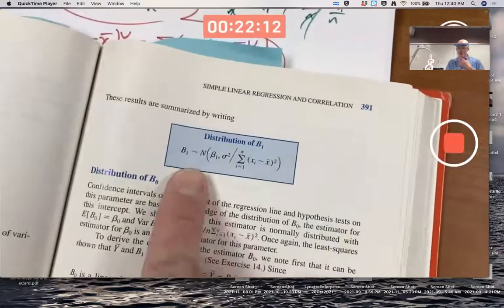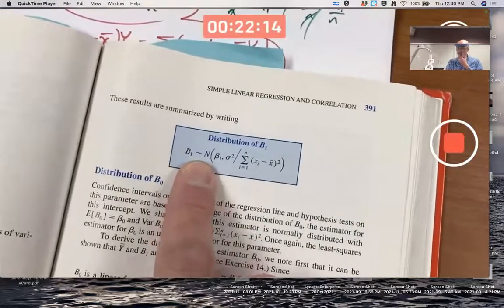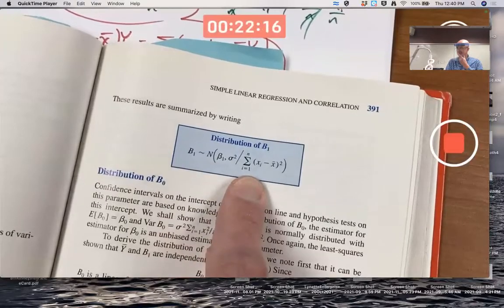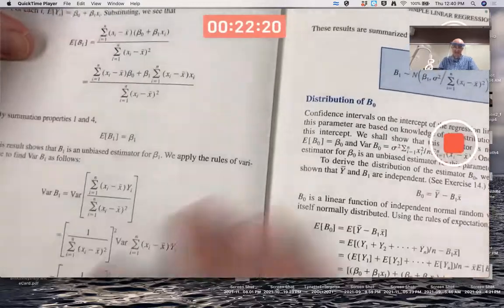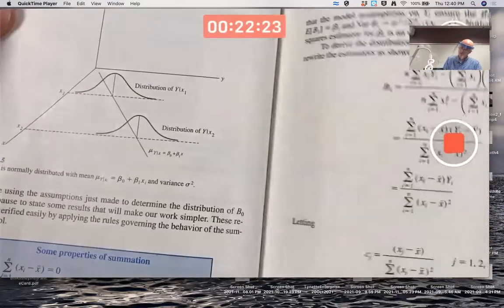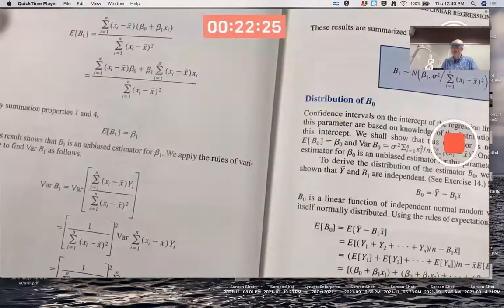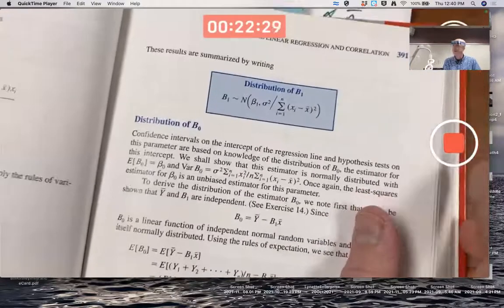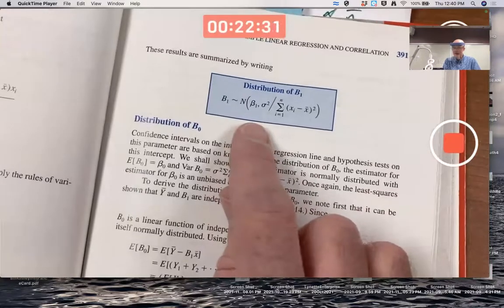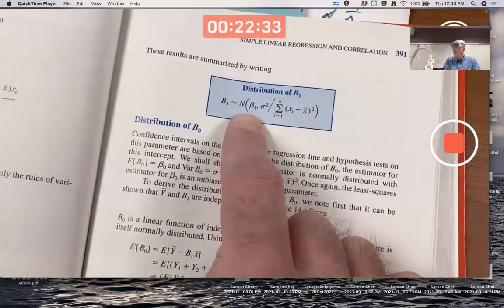There's the distribution of capital B1, normal with this mean and this variance, derived on the preceding couple of pages with a lot of crazy, beautiful calculations. This is what you need to use. How? Just use the mean. It's beta 1.